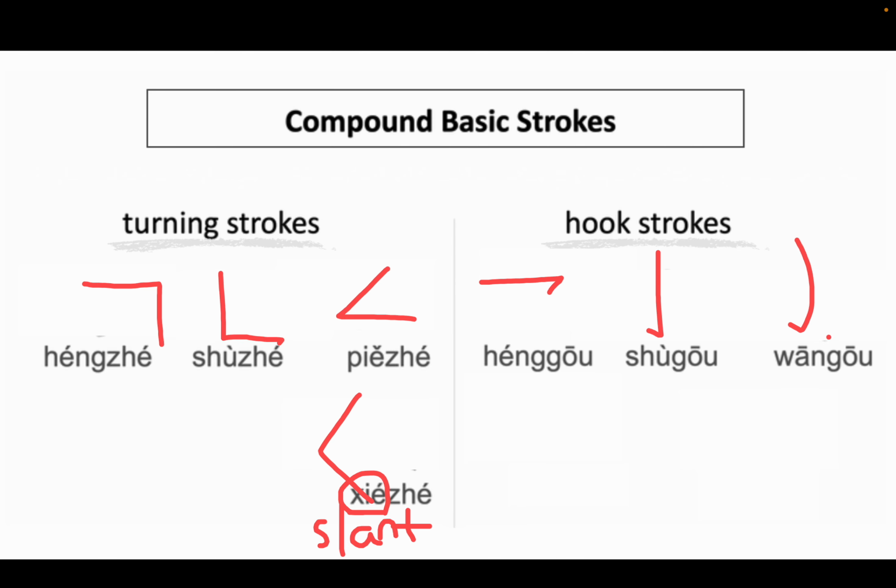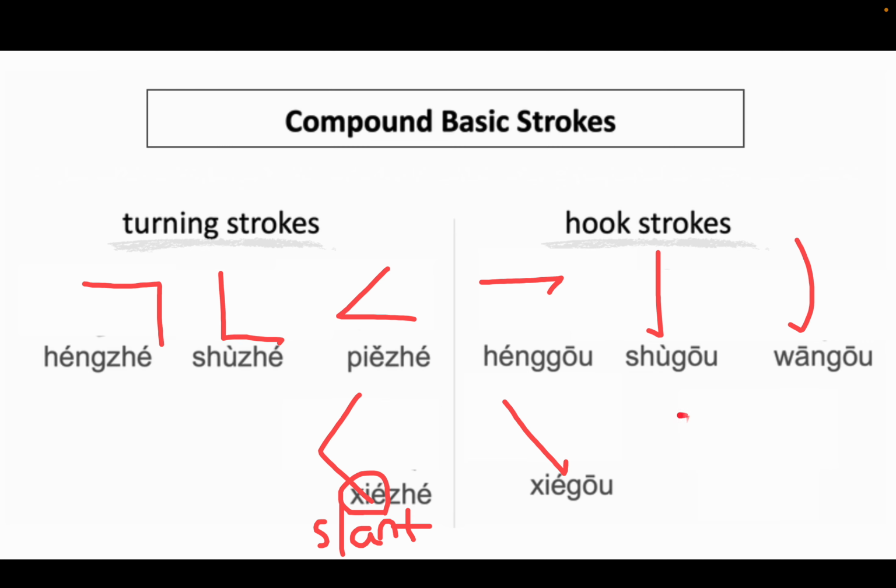Notice that 弯钩 is different from 竖钩 because it is a curving line and hook. All right, next one, of course, write it down. 斜钩. When we think of 斜, it's a slant line, but this time it's going to the right side and hook. Slant line and hook.